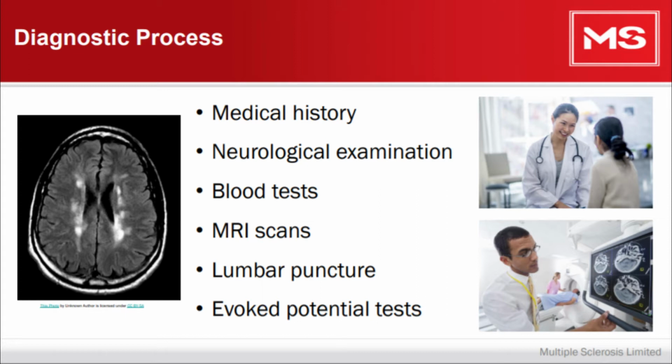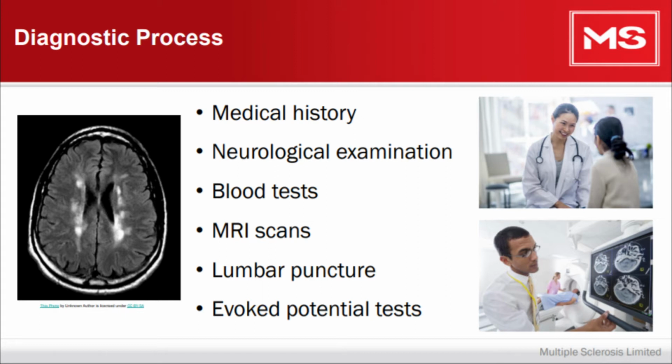And as I mentioned, you may have an MRI scan, or most people will need an MRI scan to be diagnosed with MS. Blood tests cannot diagnose MS, but they are used to rule out other things.